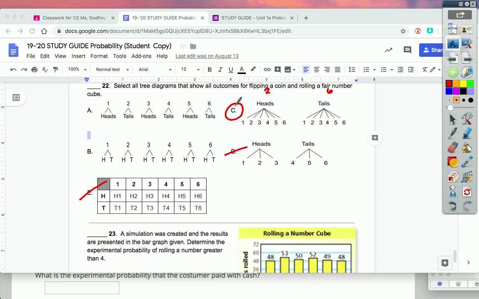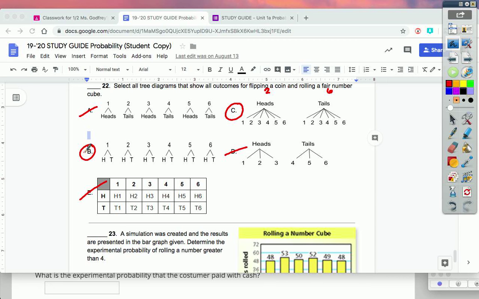If we started off rolling our fair number cube, we can have 1, 2, 3, 4, 5, or 6. So that part is right. And then if we flip a coin, we can have heads or tails, but it has to go with each of our previous outcomes. A only puts 1 outcome of our second event with the previous outcome. So C and B is the correct one.